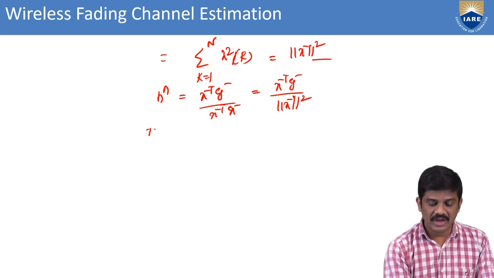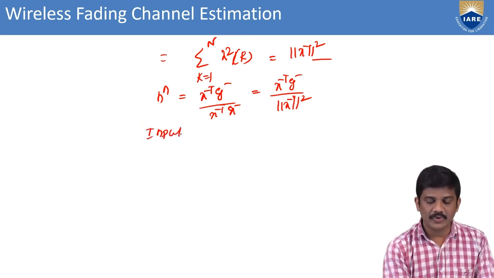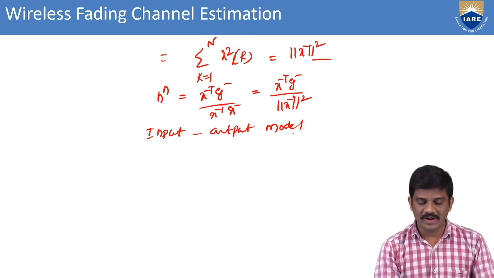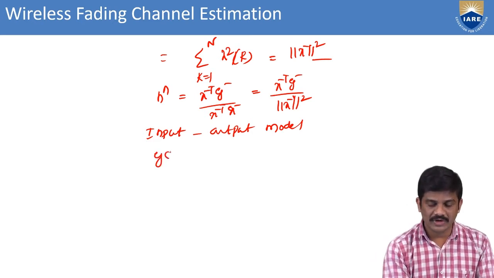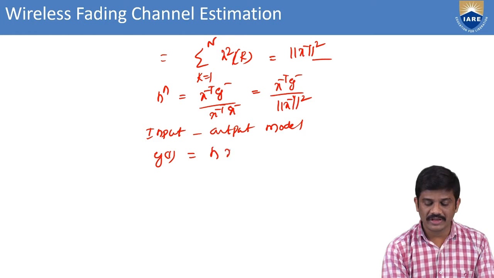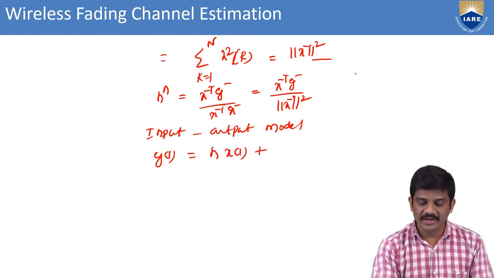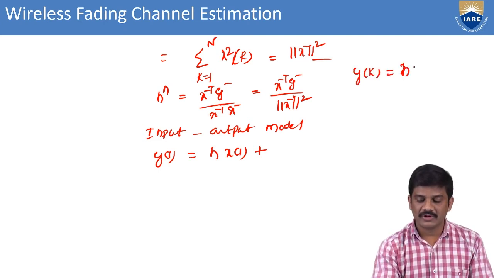Then we can take the input and output model. Here we are considering both models. For example, for the one observation model, we take y of k equal to h of x of k plus v of k.